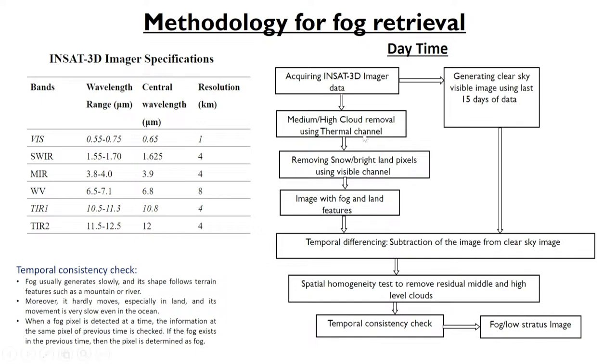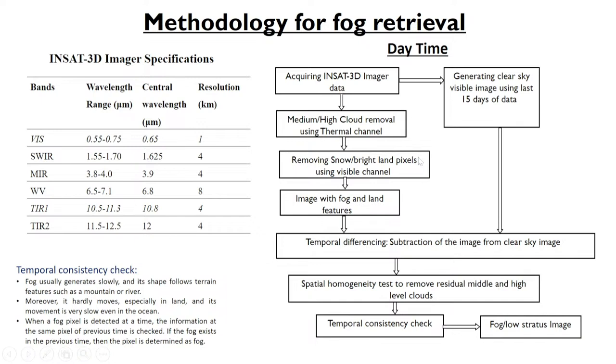Then I want to remove the snow pixels also because snow is also white and the fog top is also white. So this is done by using the visible channel. How? Because in the visible channel, the reflectance of snow is large as compared to fog. So the pixels with reflectance more than a particular threshold value are masked.